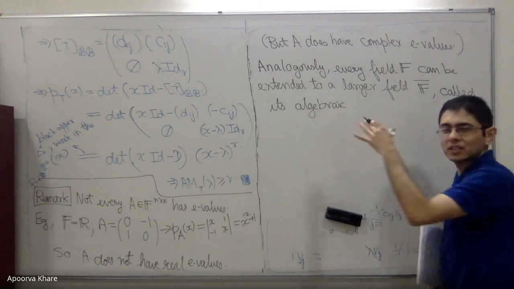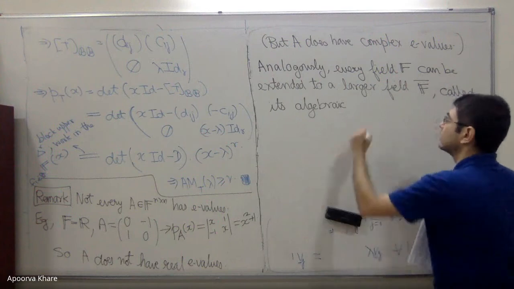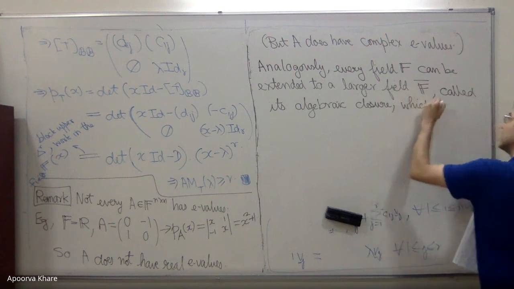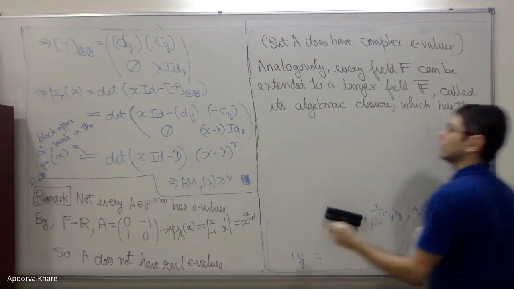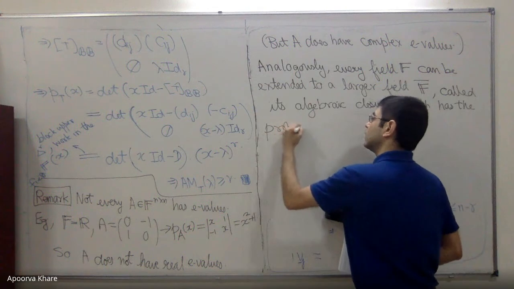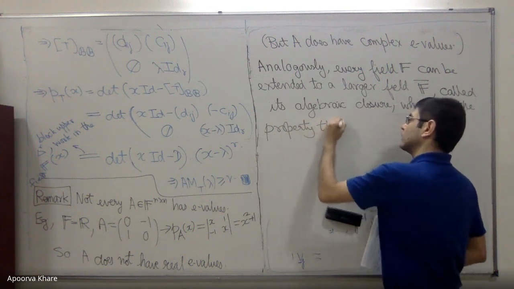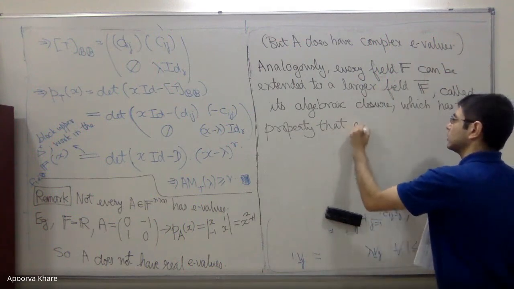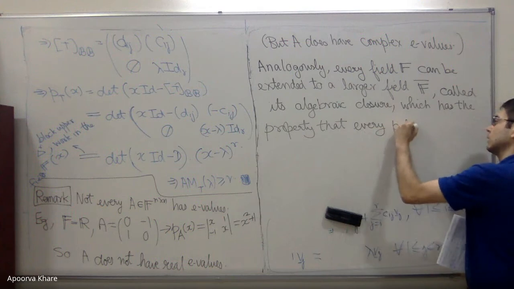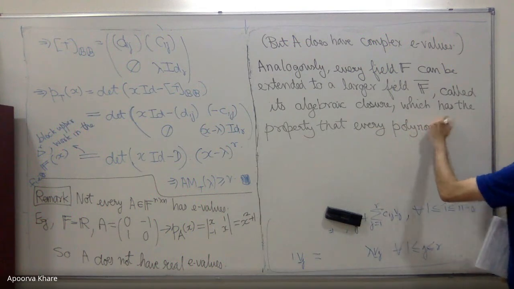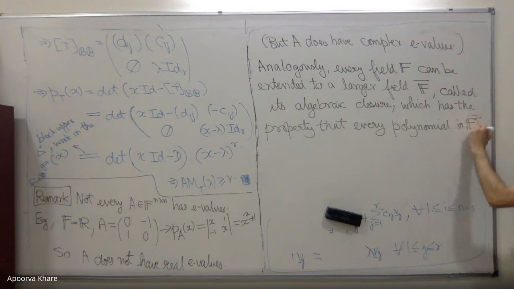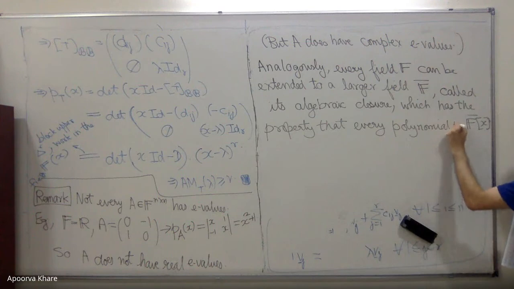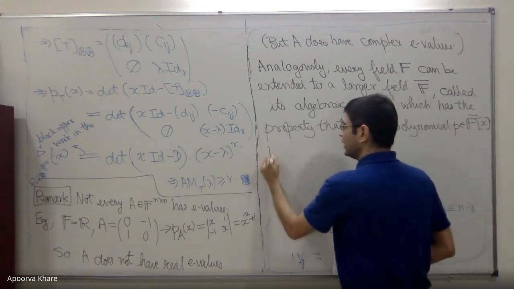Anyway, it's the smallest possible field with the following property: that every polynomial P belonging to F bar of x has a root in F bar.